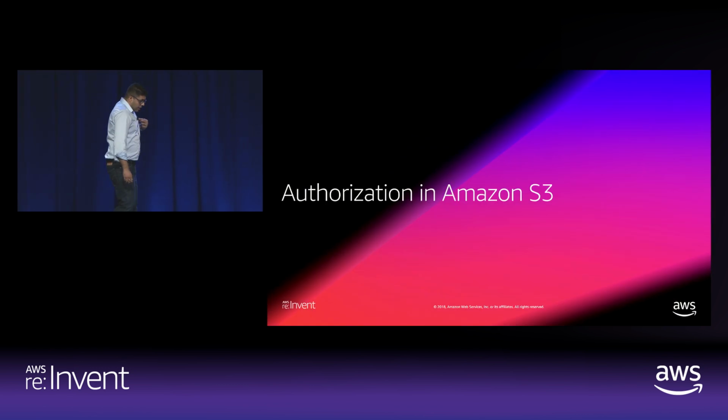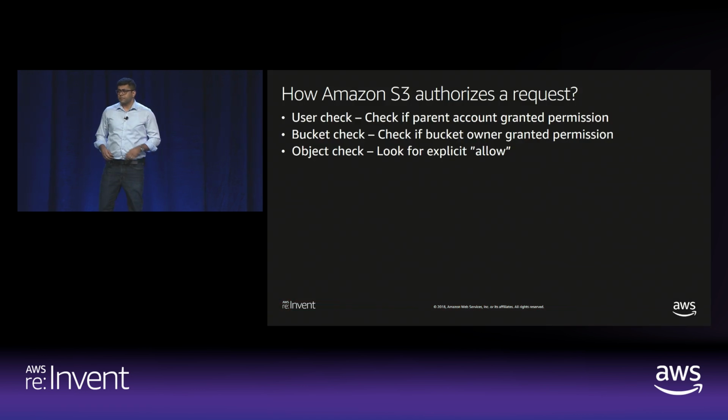Okay, let's talk about how authorization works in S3. When we authorize a request, we actually take all the policies together, object ACLs, bucket policies, endpoint policies, IAM policies together, and evaluate a request. For simplicity's sake, we're going to go through 4 examples, and I've divided them as user context check, bucket context check, and object context check.